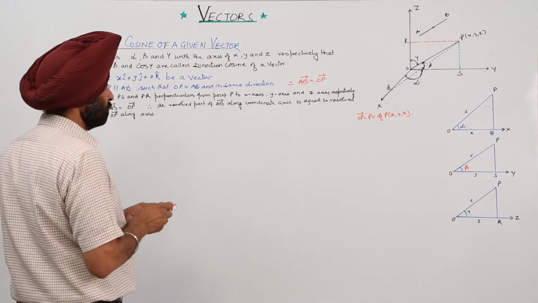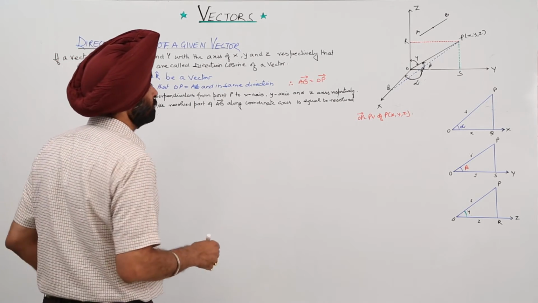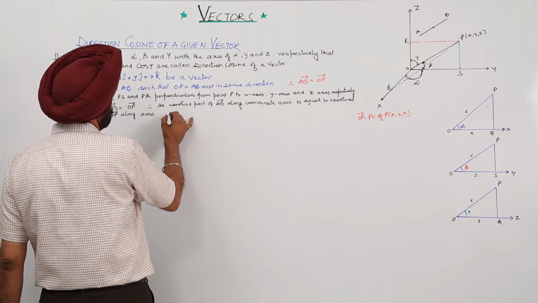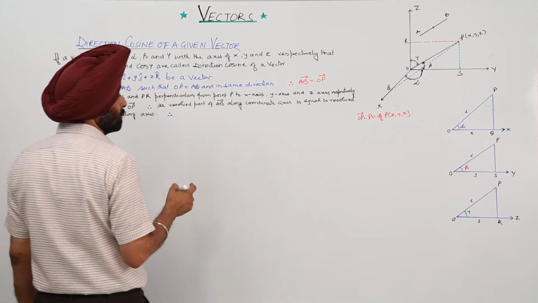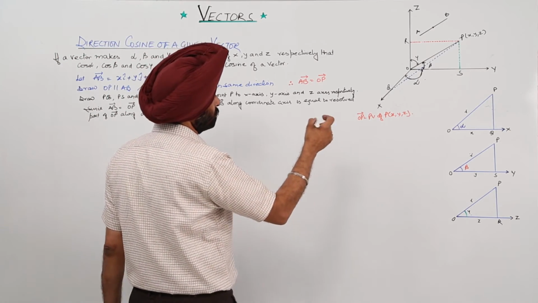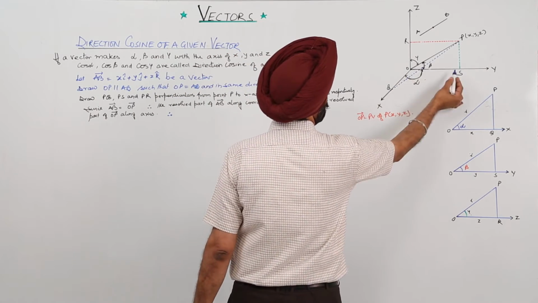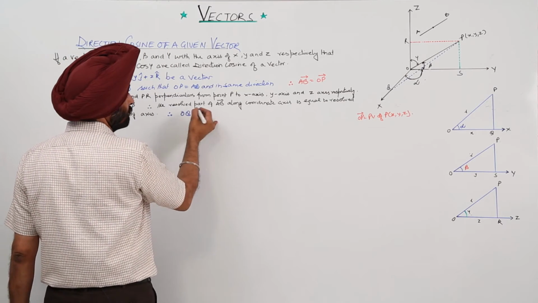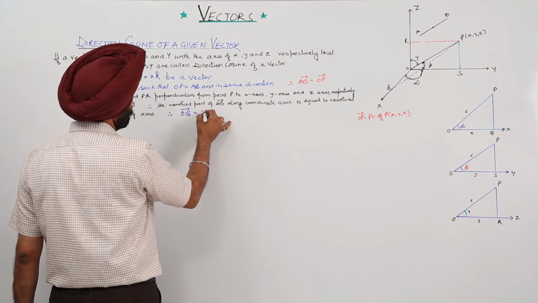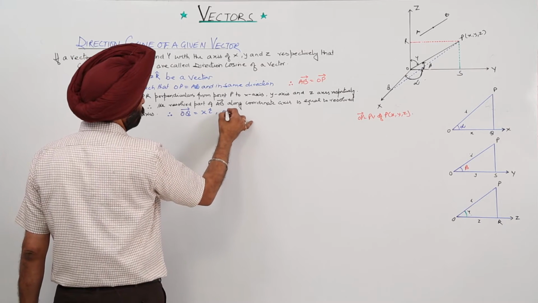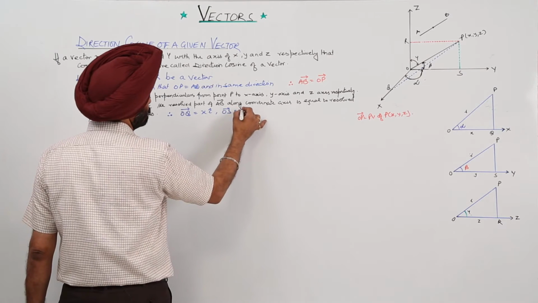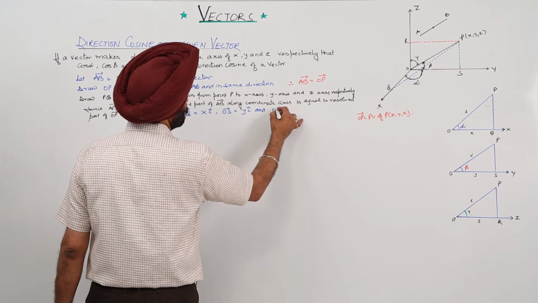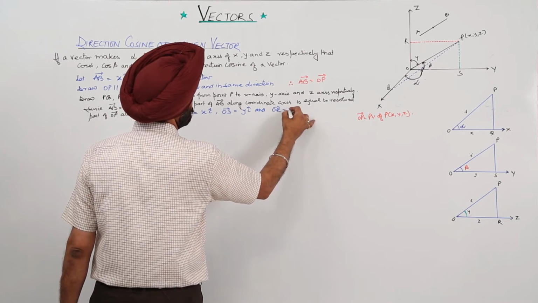Now therefore, we are having OQ, OS and OR. Vector OQ is equal to x i cap, vector OS is equal to y j cap and vector OR is equal to z k cap.